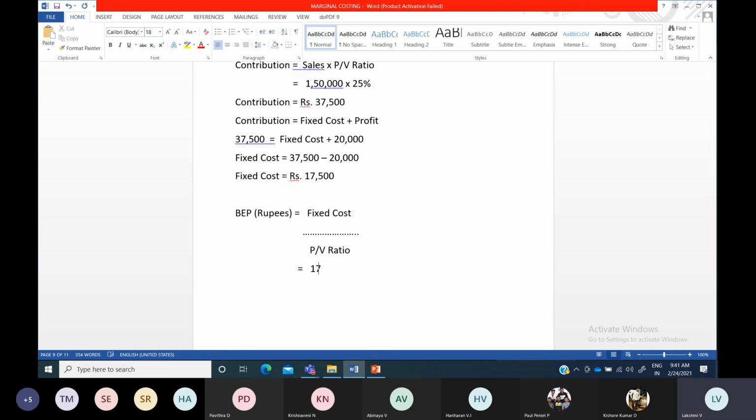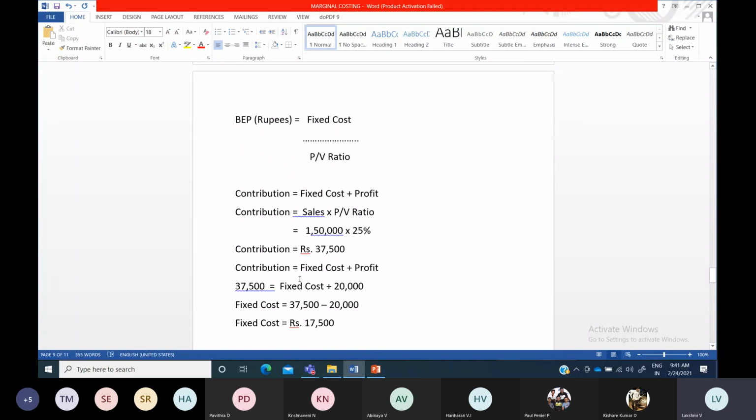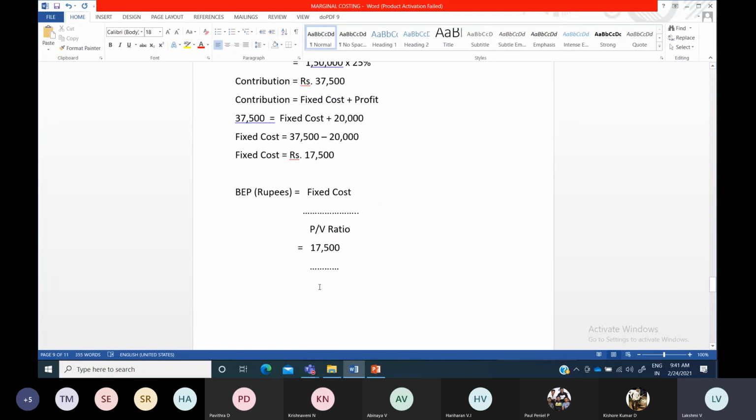So fixed cost is 17,500 divided by PV ratio, 25%. Yes, PV ratio is 25%. Now find out break even point in rupees or break even point in sales, both are the same. How much are you getting?